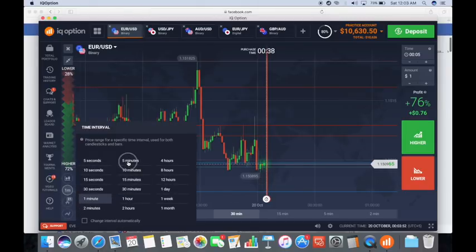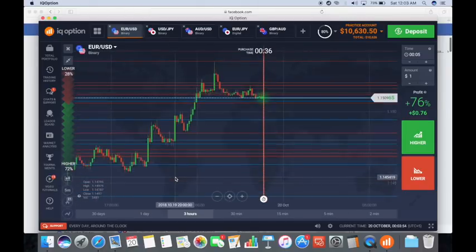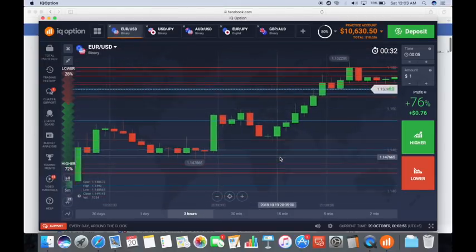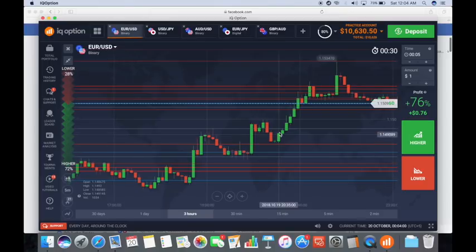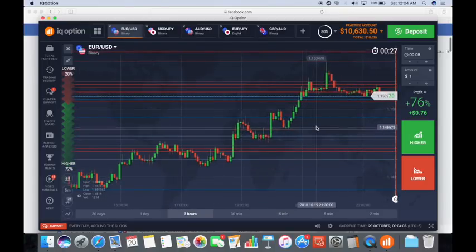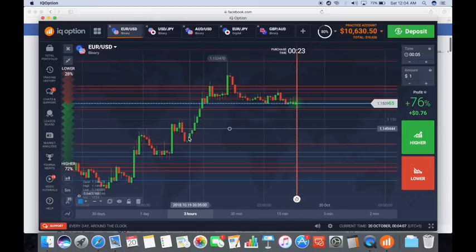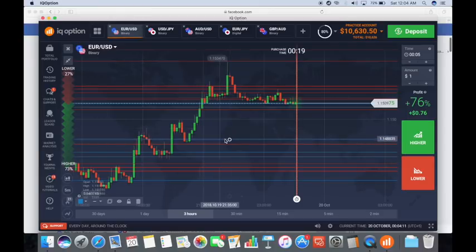Let's examine this demand zone over here. All right, so the next strongest demand is over here. This is the origin of the move, the origin of this strong move upward.